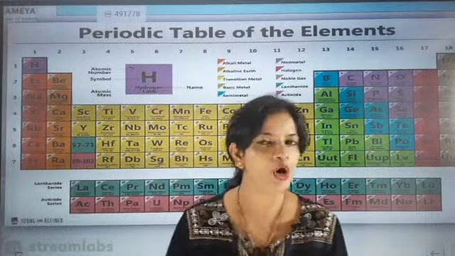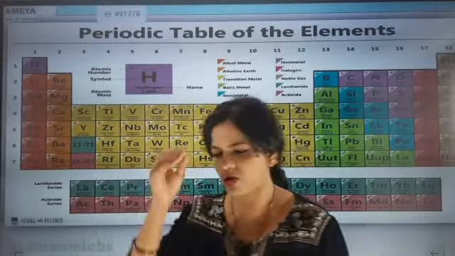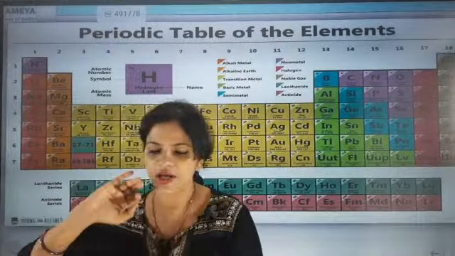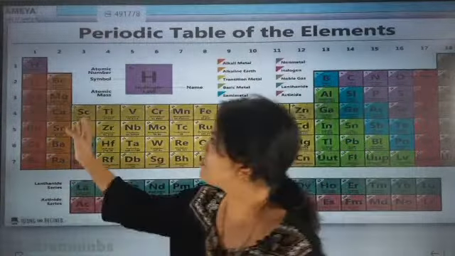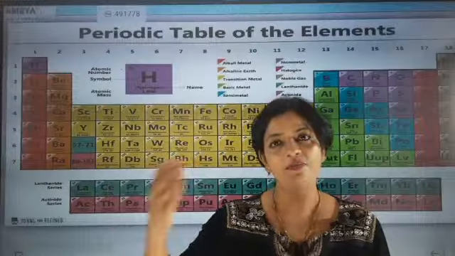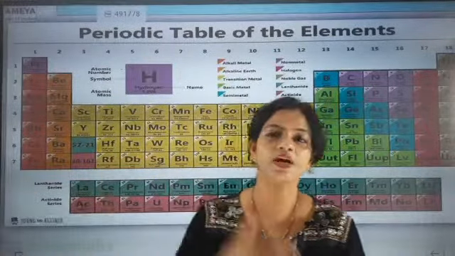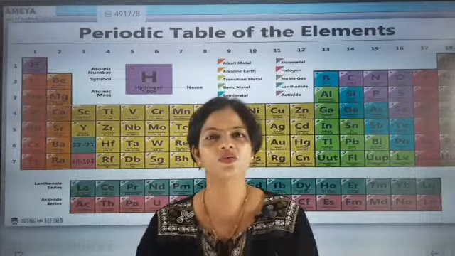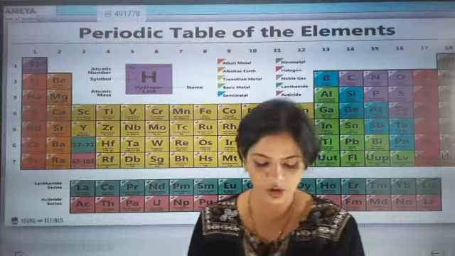That was a very important point I have discussed. Oxygen was the example I have taken. Now look here, I am going to talk about magnesium and sodium. Magnesium will release 1 electron, so nuclear charge will become effective. Since nuclear charge will become effective, it will not allow the release of 1 more electron so easily.